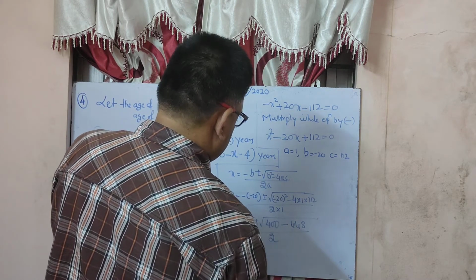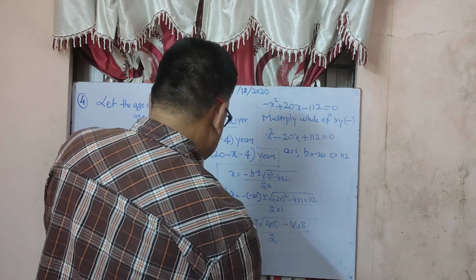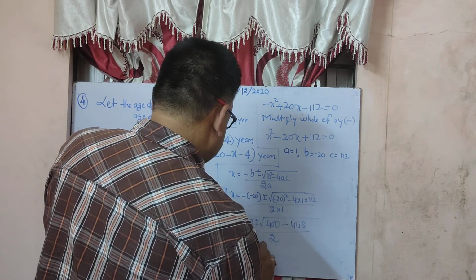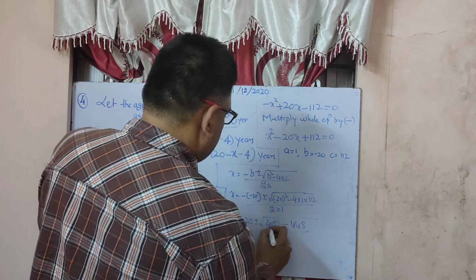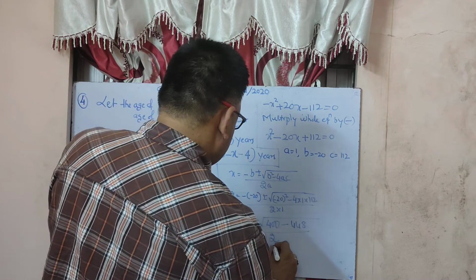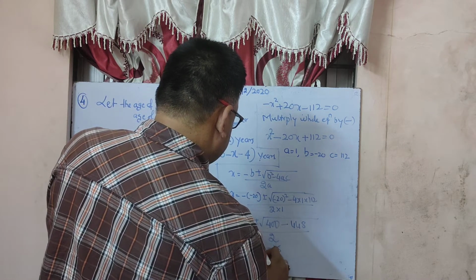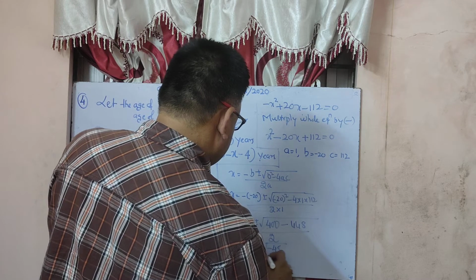So x equals plus 20 plus or minus the square root of 400 minus 448, that is minus 48.